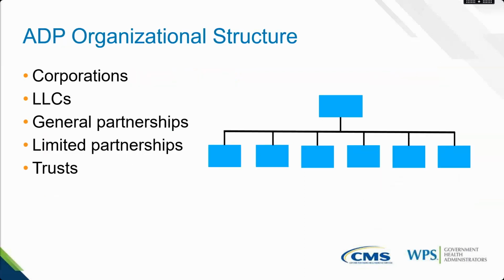So the new attachment, in addition to asking who the ADPs are, is going to be asking about the organizational structure of that ADP. Here we're looking not at the SNF business structure, though we do that earlier in the section. We do ask statements and questions surrounding whether the SNF is a corporation, whether the SNF is a trust.